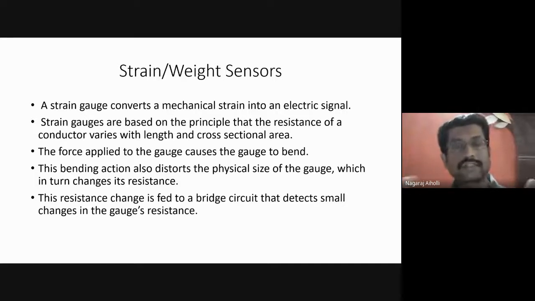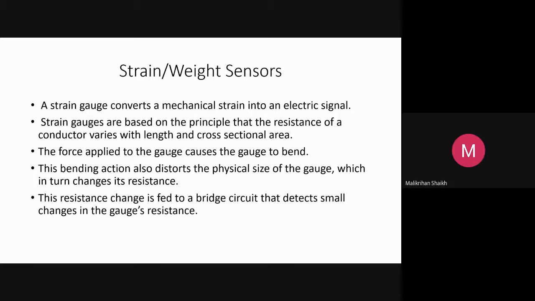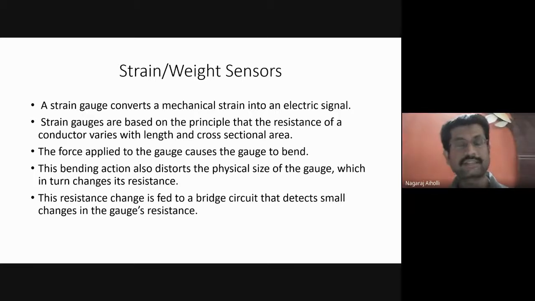As it compresses or expands, what happens to the resistance? Is there any change in the resistance due to compression and expansion of the sensor? Yes, there is a change.